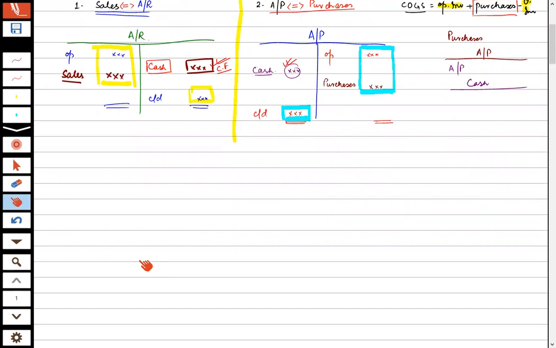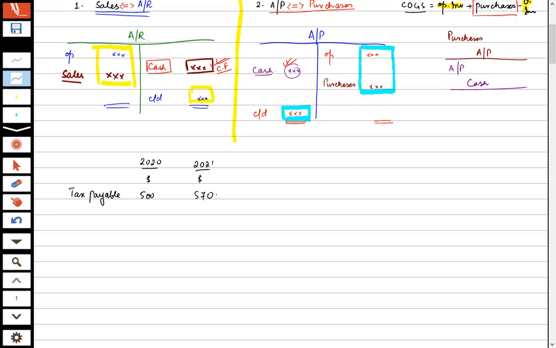Similarly, if we have any other payables relating to expenses, then we also have to perform the calculations in the direct method. Let's suppose we have been given some tax payables. Let's suppose we have two years, 2020 and 2021, and on the liability side we have tax payable amounting to, let's suppose, $500, and in 2021 it amounts to $570.